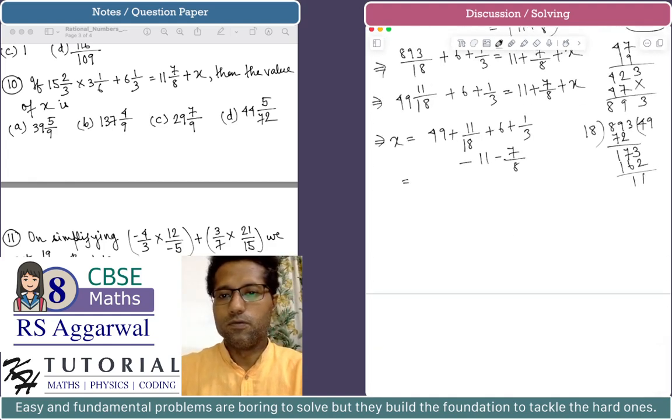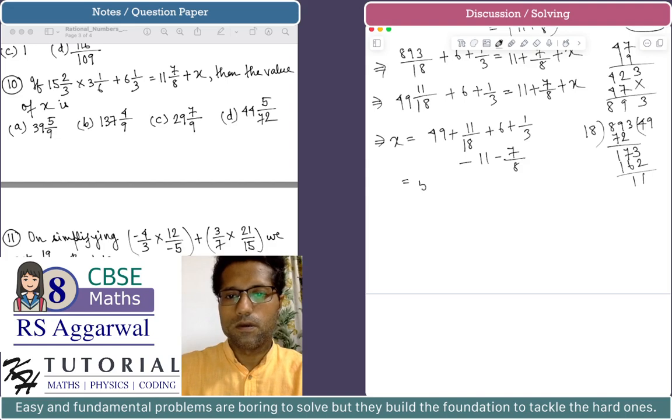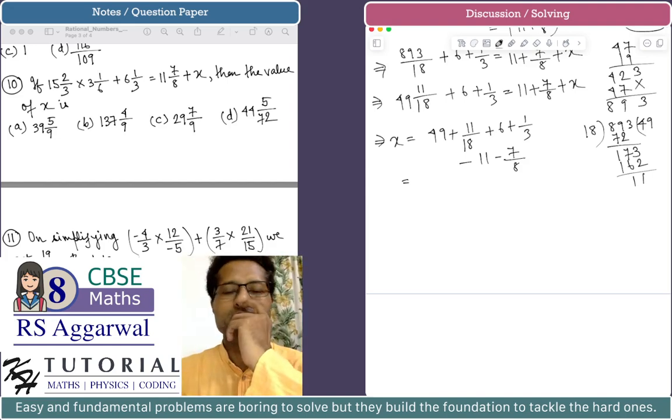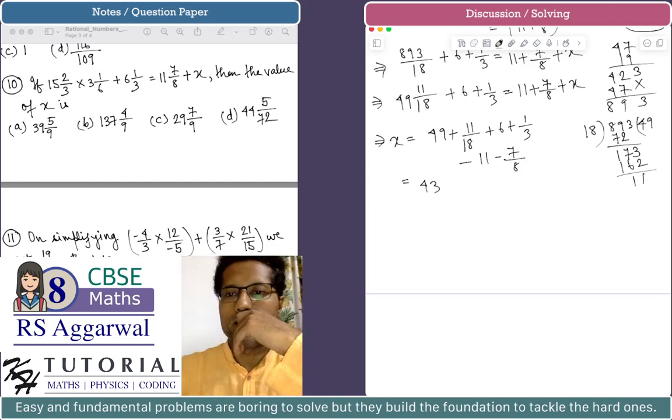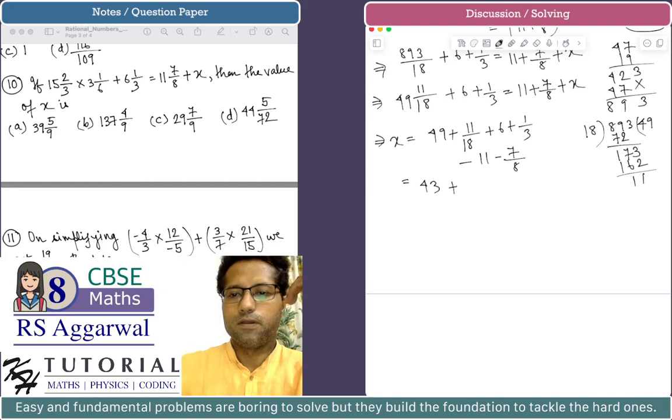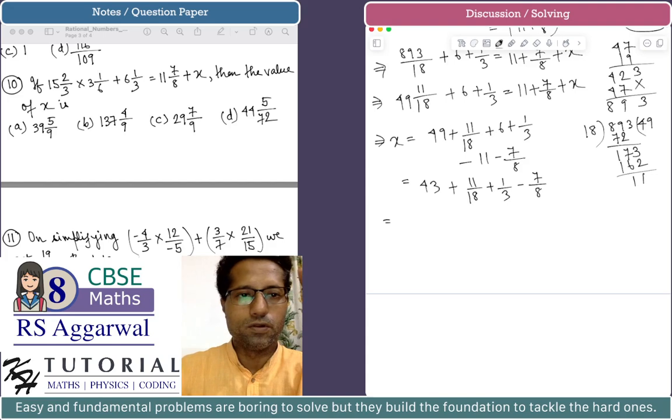So now we have 49 plus 6, that is 55, minus 11 is 44. So we have 44 and plus 11 by 18 plus 1 by 3 minus 7 by 8. So this is equal to, we do not have 43. Okay, we have 44 in the choice.